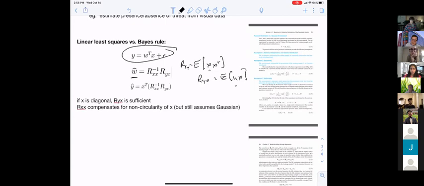And then when you try to make an estimate of Y from a particular value of X, it ends up looking like this. Or typically people might write it the other way. They would write it as Y hat equals RYX RXX inverse times X. Okay, and so this is the minimum mean squared error estimate of Y from X, right? Which we could write as the expected value of Y given X.